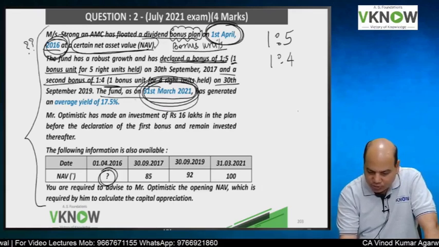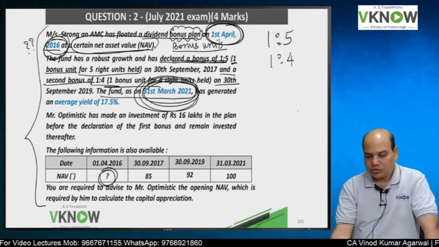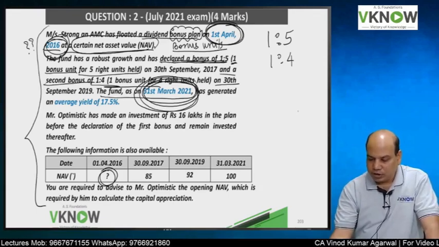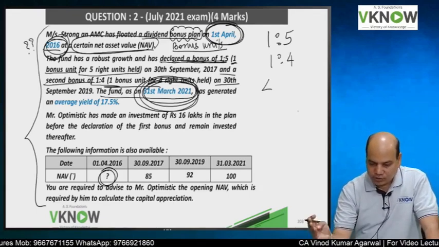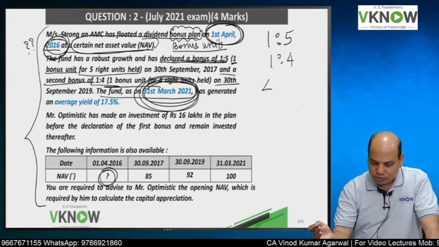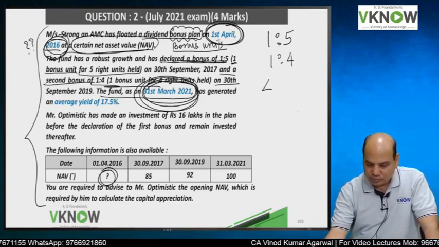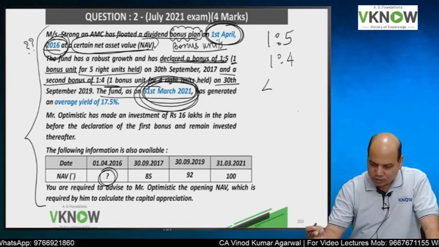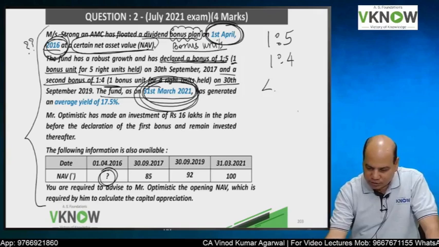And they are talking about 31st March 2021. So how many years are over? 4 years are over, or 5? 2017, 18, 19, 20, 21. Is it right? 5 years are over?